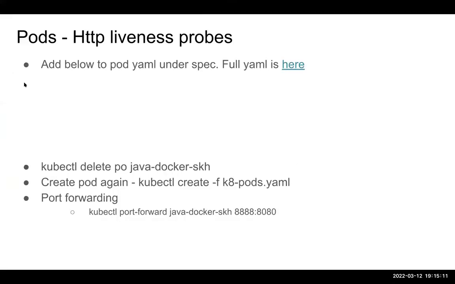If your object is of type pod, in the spec, under containers, you can specify the Liveness Probe. This container is using this image, for example, and the Liveness Probe is trying an HTTP GET on port 8080. And there is periodSeconds and there's timeoutSeconds.